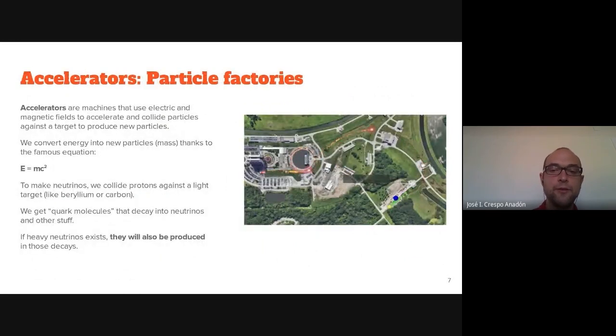But when we are producing the particles, the quark molecules that we use as the first step in the chain to produce the neutrinos have charge, and we apply magnetic fields to focus them and have a more intense beam of those particles. So they are what we call collimated, made to be in a narrow beam, and then we point that to our detector. So we get more particles in our detector than if they were flying all around.